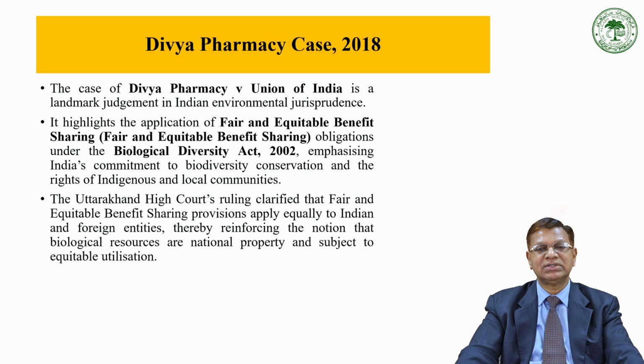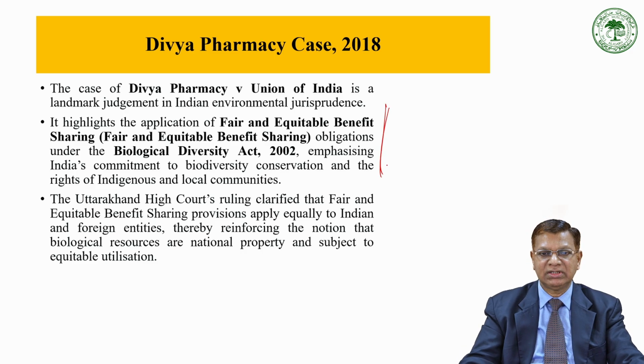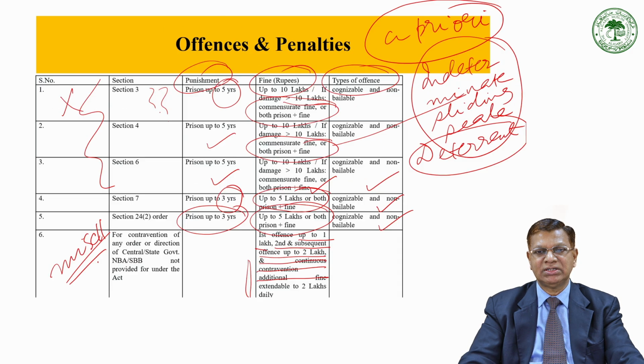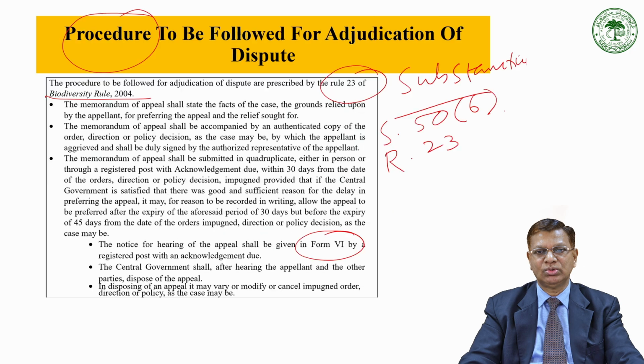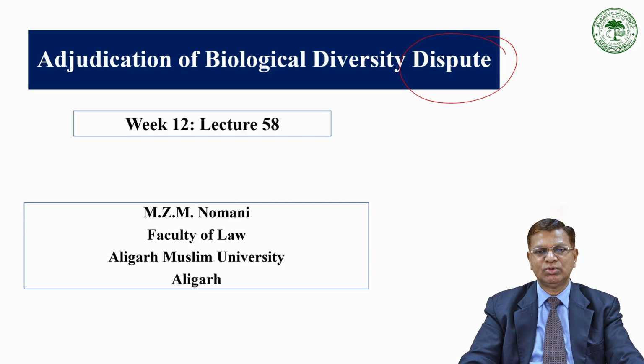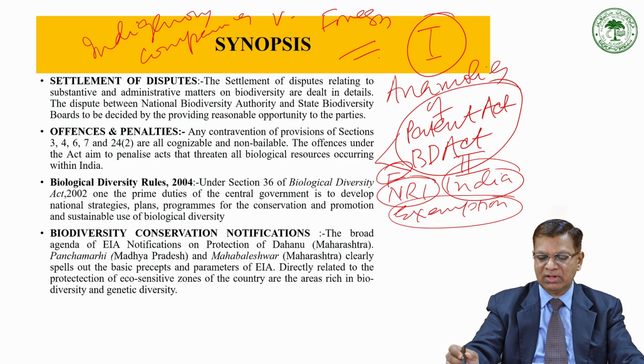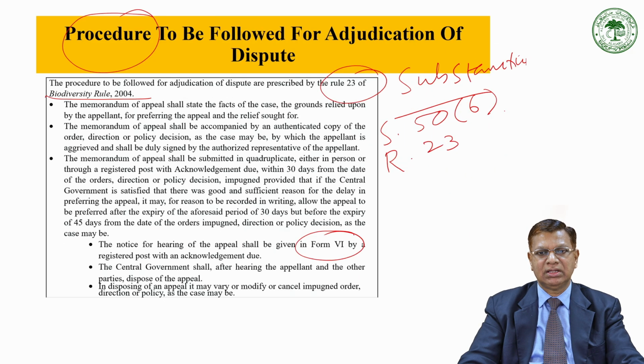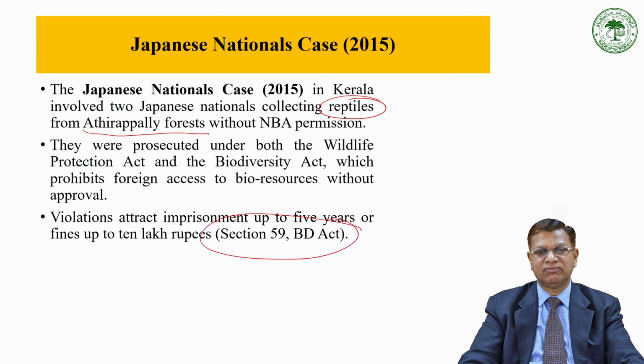The Divya Pharmacy case in 2018 is a landmark judgment in the sense that it dwelled on the dichotomy we referred to in the beginning, that major disputes in biodiversity dispute resolution come from, number one, the anomalies of the Patent Act and the Biodiversity Act, and another source happens to be the Indian versus the foreign company.